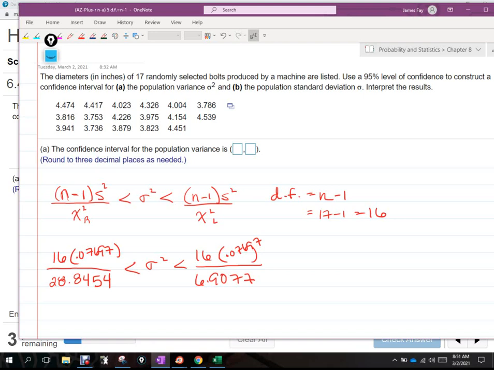So we want to make sure the variance and standard deviation are as narrow as possible, because that tells me each of those 17 in the sample, which are a model of my population, are as alike as possible. So the first bolt is almost identical to the second, which is almost identical to the third, which means no matter where that bolt goes, it's going to fit in conjunction with other parts from other manufacturers.